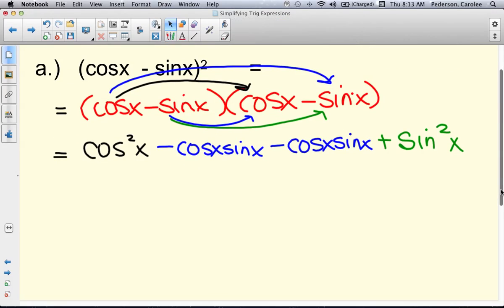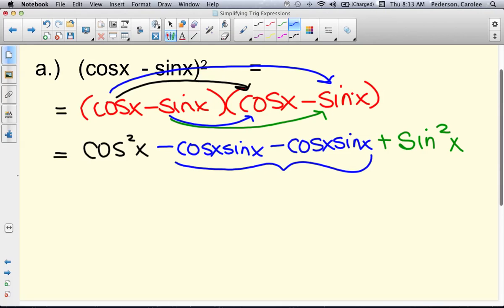Now what I have is some like terms right here in the middle, in the blue. Negative cosine of x sine of x, minus cosine of x sine of x, is now negative 2 cosine of x sine of x.